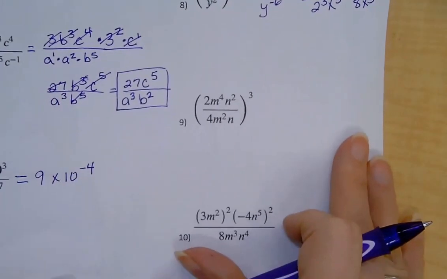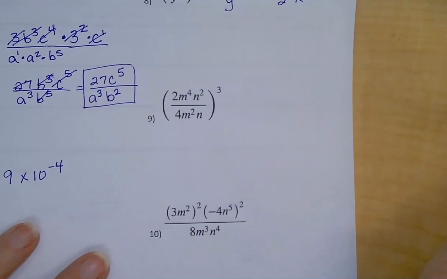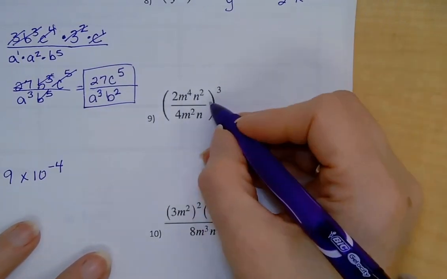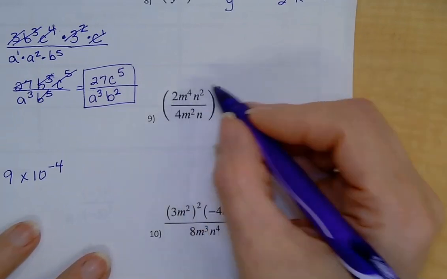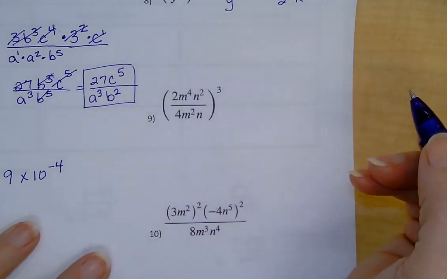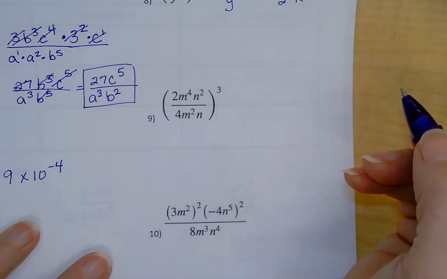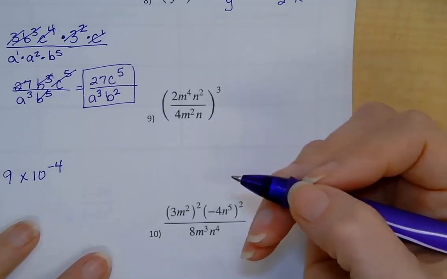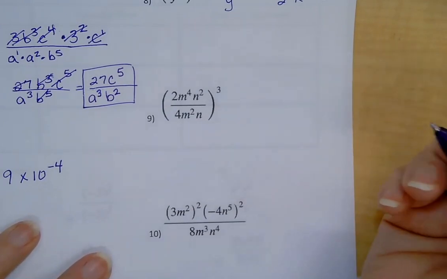Okay, nearly done here. So, oh my goodness, I'm going to simplify what I can inside those parentheses first. But I promise if you're super diligent and you're careful and you get that 3 distributed to everything inside the parentheses, if you didn't simplify first and you simplified at the very end, you will get the same answer.